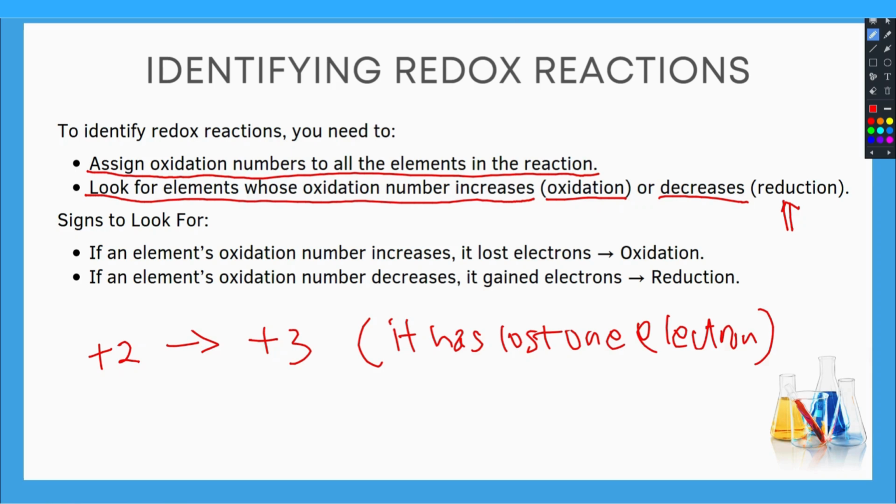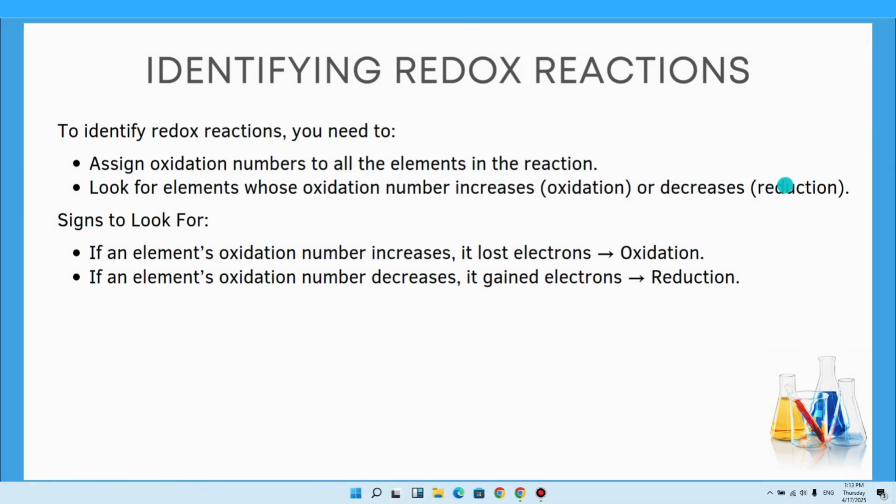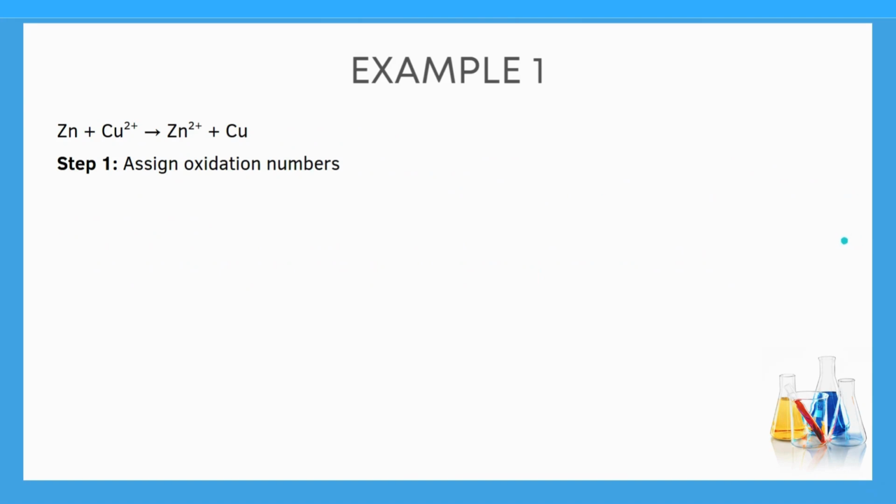But if an element's oxidation number reduces, let's say it goes from +3 to +2, then we say it has gained electrons, and that's reduction. And we're going to be seeing each and every one of those things step by step. Now that brings us to the first example that we want to look at in depth.